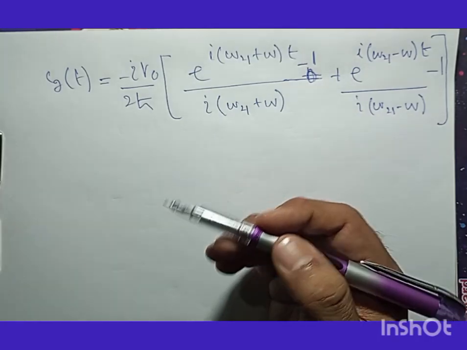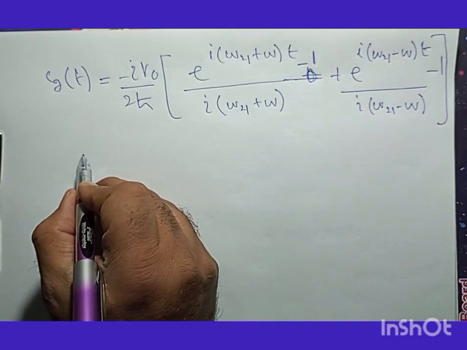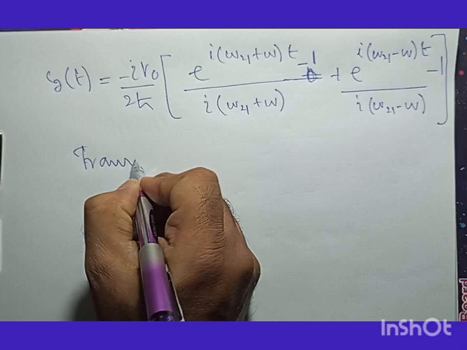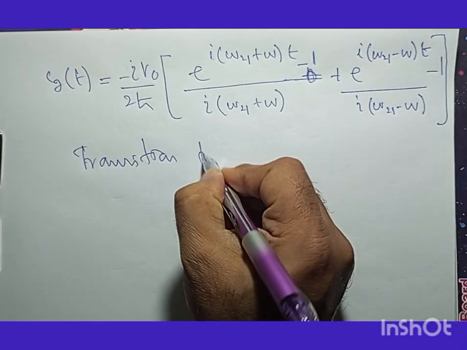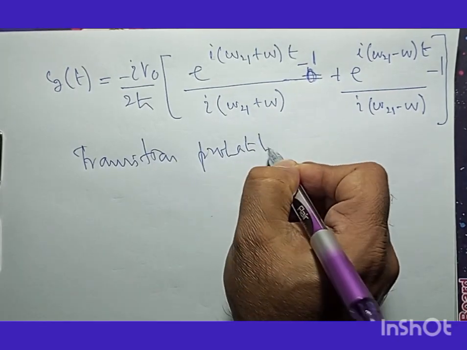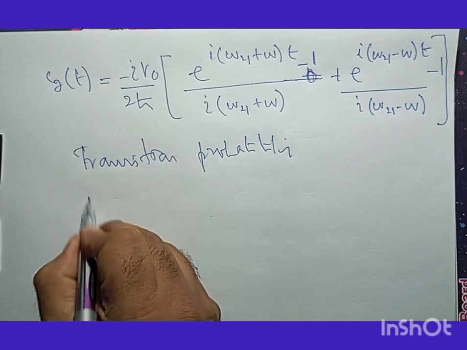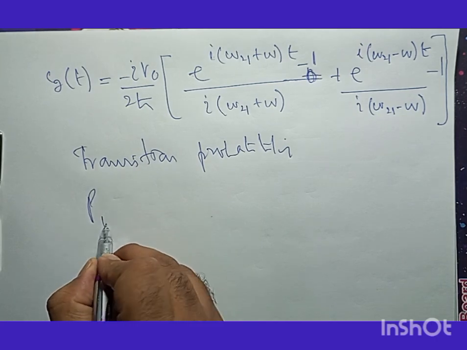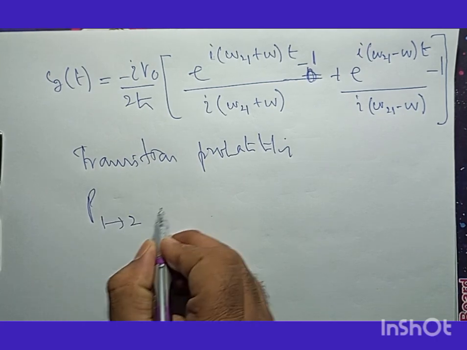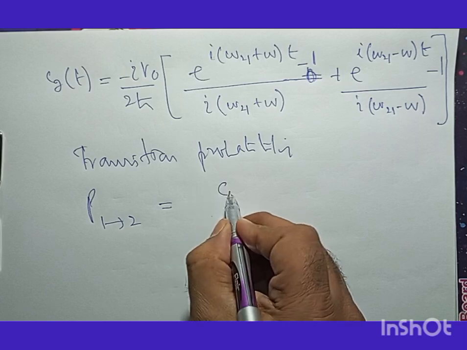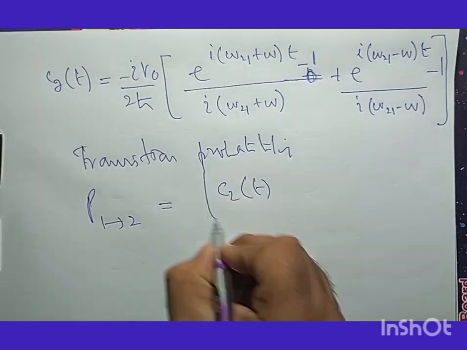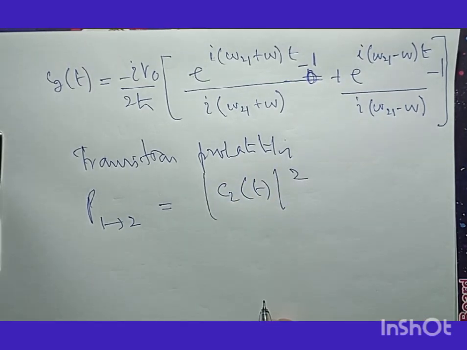Now, the transition probability P from 1 to 2 is simply C2 of t whole square. No need to revise it, it's understood.